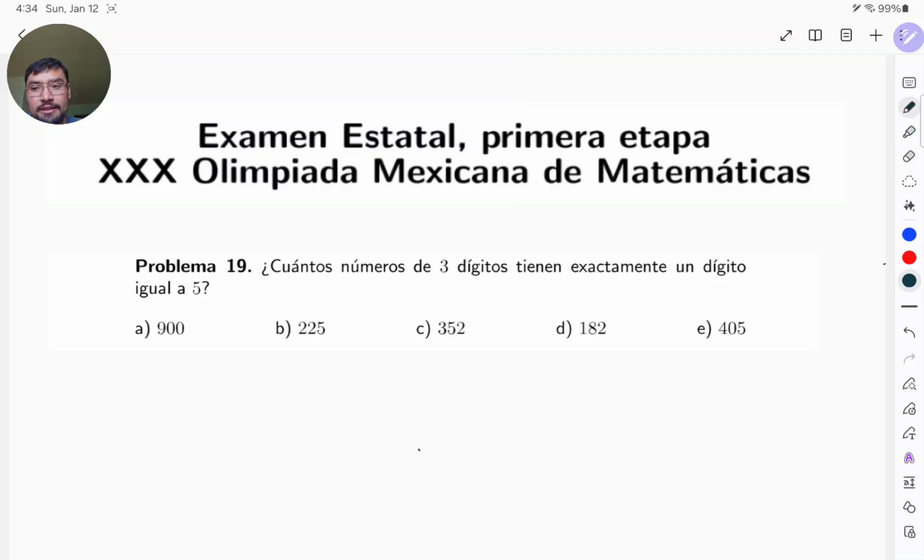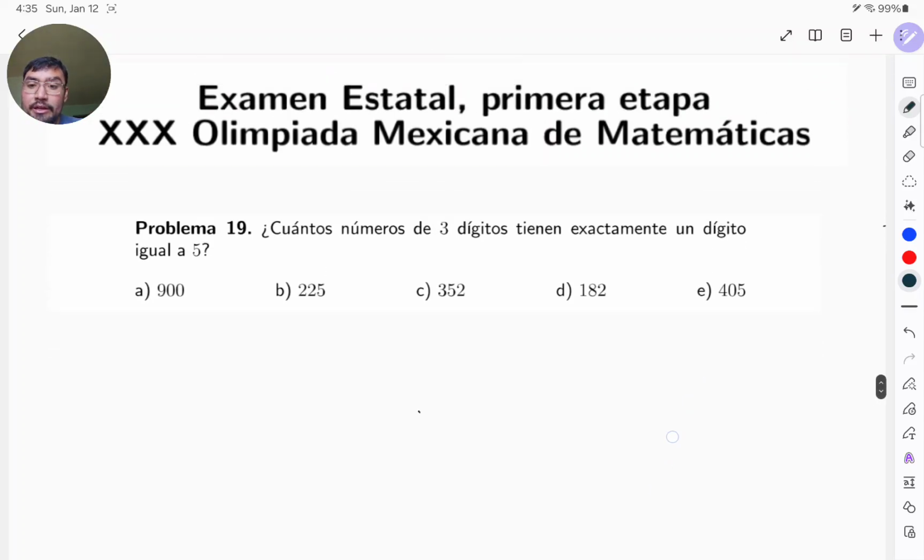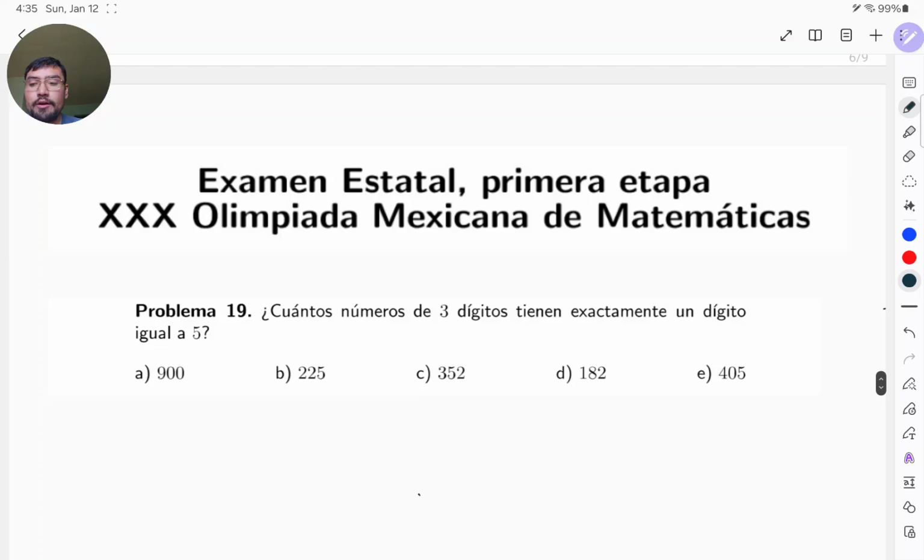This problem is quite easy, but if we don't solve it properly, we can get a lot of trouble. It is too easy if you know how to solve it, but if you don't get the idea, you might spend a lot of time. Let's crack this problem.